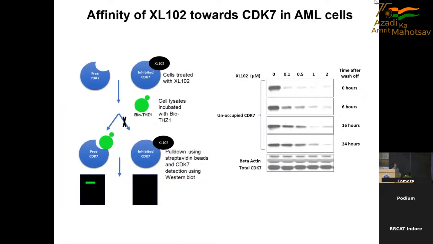So we could see the band of CDK7 in the pull-down, but when you increase the concentration of XL102, the occupancy decreases. It means XL102 is now occupying the site. When these cells were washed to remove the unbound XL102, the CDK7 starts reappearing after 24 hours, because new cells are synthesized, which are making new protein.